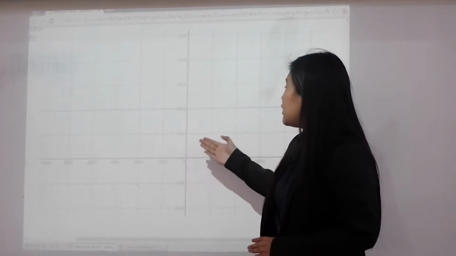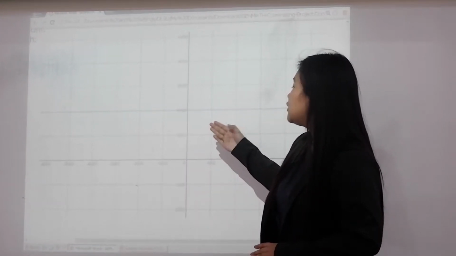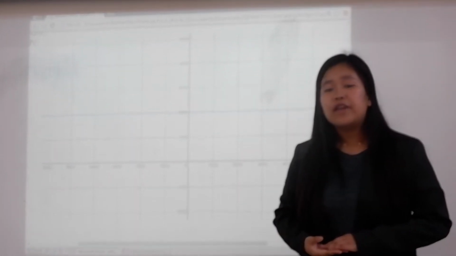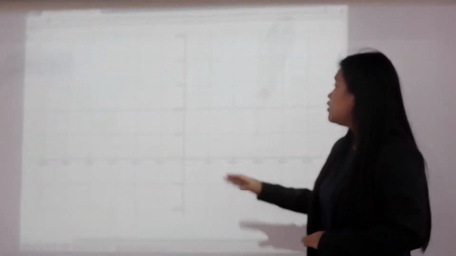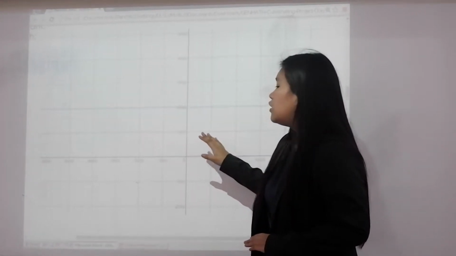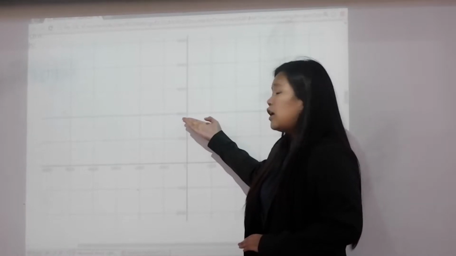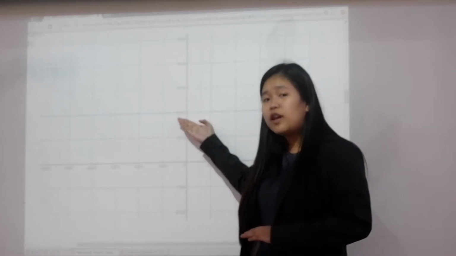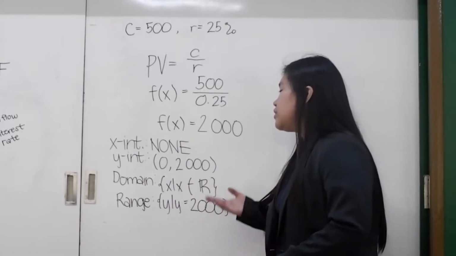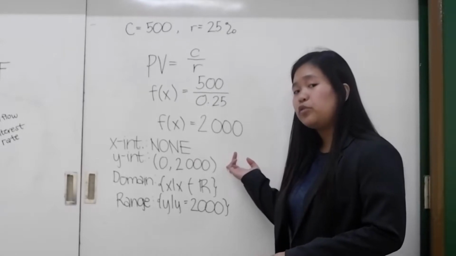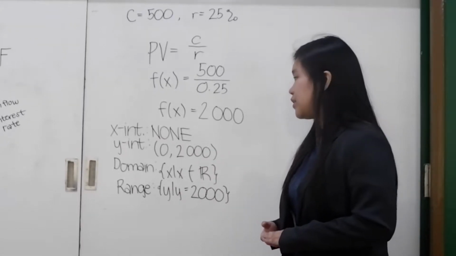Both the x and y axes of the graph have an interval of 1,000. So when we graph f of x is equal to 2,000, there are no visible x-intercepts. So in conclusion, f of x is equal to 2,000 is a constant function. X-intercept, we have none. Y-intercept, we have 2,000, for it is the only point where the graph is intersecting.